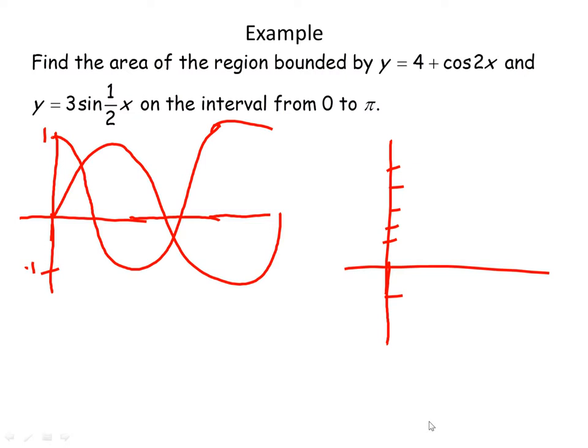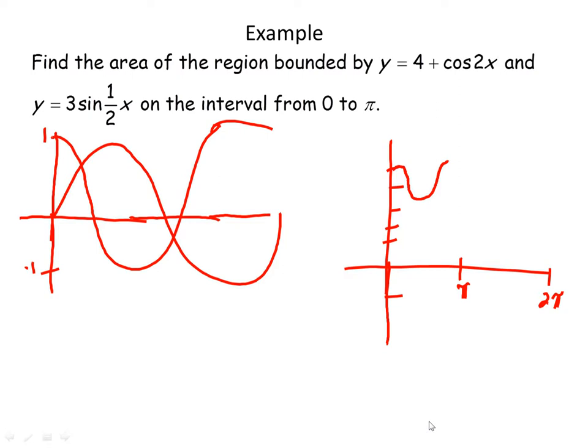But we don't have cosine x. We have cosine 2x, which means it's a double angle. We've got to fit 2 cosine curves from 0 to 2 pi, even though we're going from 0 to pi. So that's going to make it go really, really tiny. And this is going to be pi. We're not going to go to 2 pi.